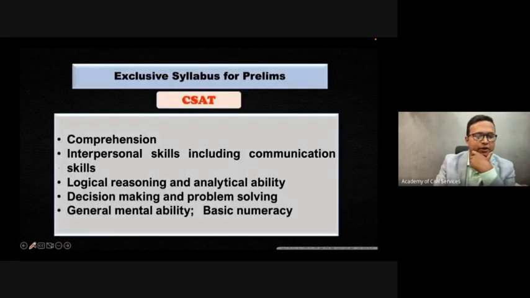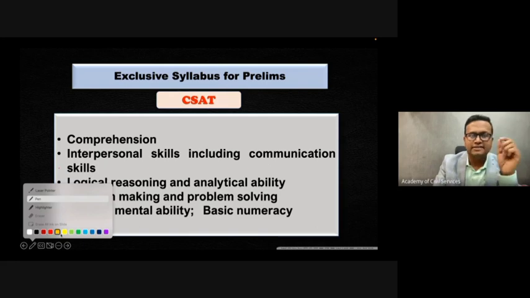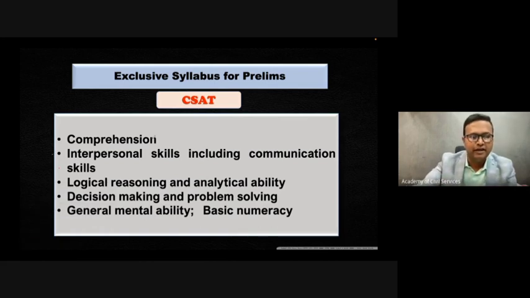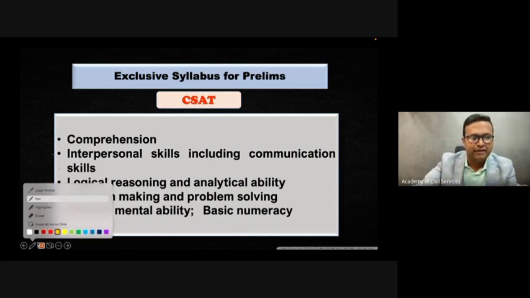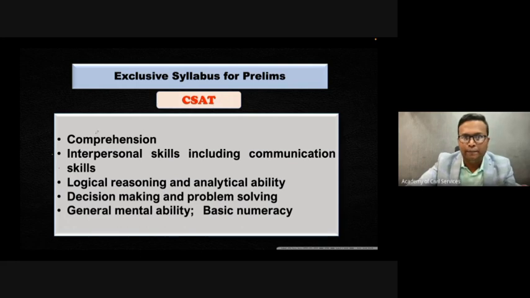The next topic, before I'm winding up, I want to give you a brief on the CSAT. All of you know, it is a qualifier paper of the preliminary examination. In the prelims examination, you have two papers. One is General Studies 1. The second is General Studies 2. I will discuss General Studies 1 a little later.